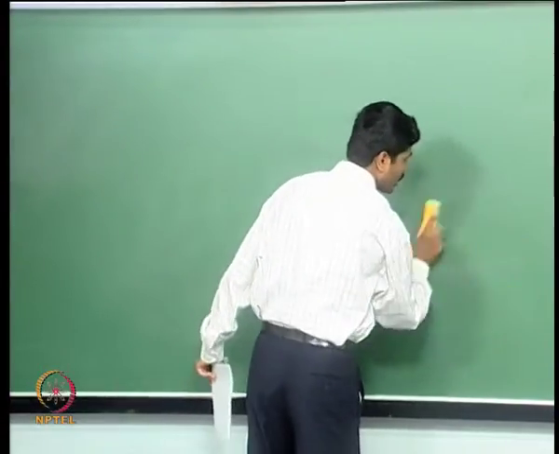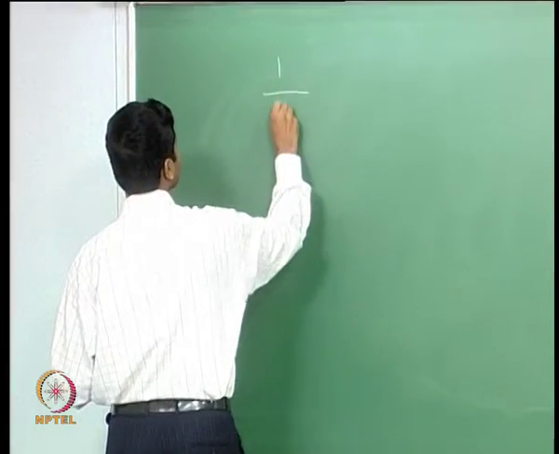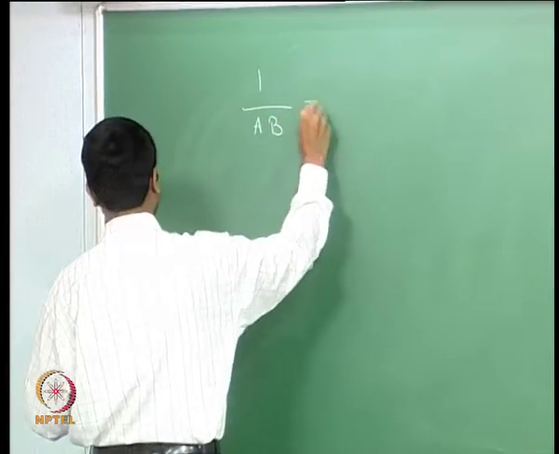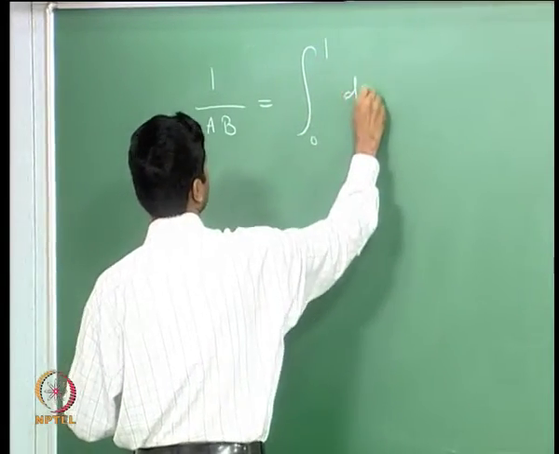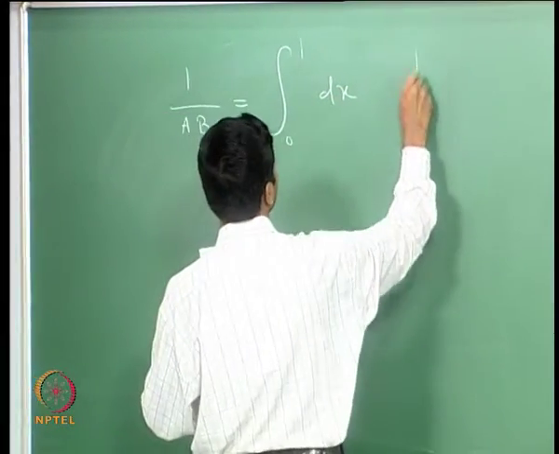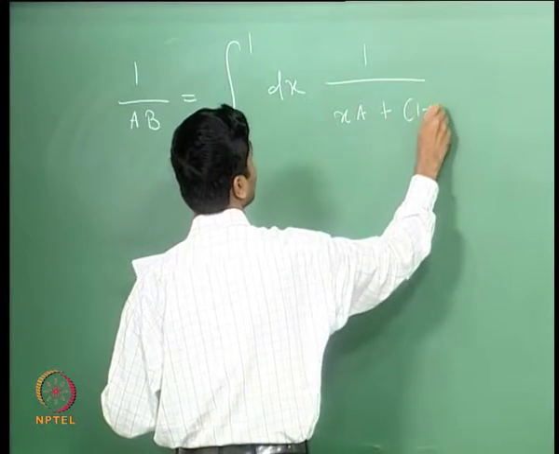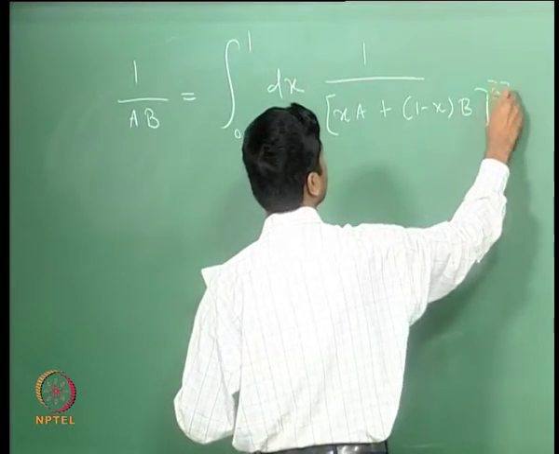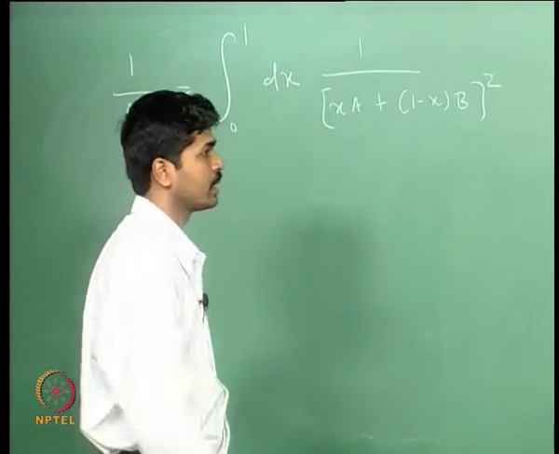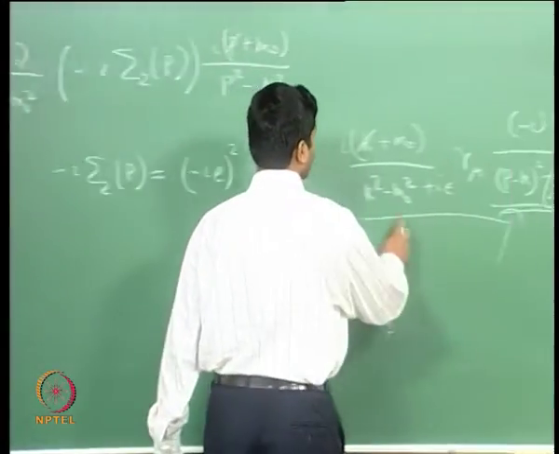You have already seen this formula earlier: 1 over ab can be written as the integration from 0 to 1 dx of 1 divided by (x a plus (1 minus x) b) whole square. Here these two factors are a and b.